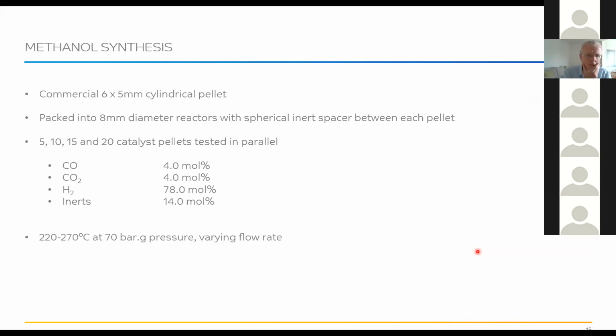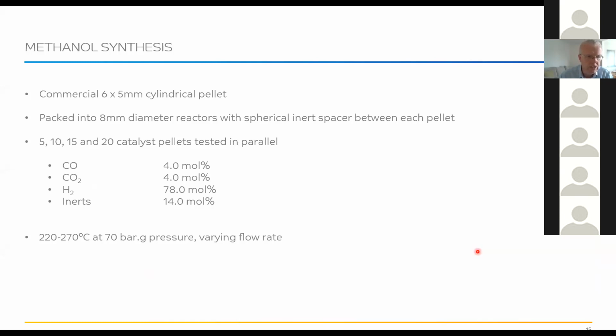So in terms of the experiments I've been doing, we've been using commercial 6mm by 5mm cylindrical pellets. That's 6mm diameter, 5mm in height. And we've packed that into an 8mm diameter reactor with an inert sphere between each pellet.